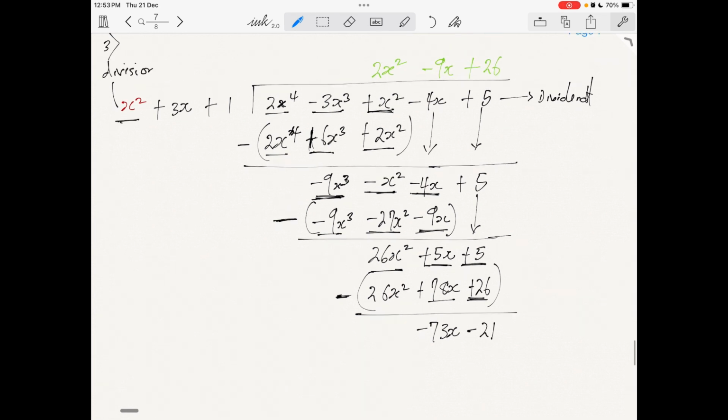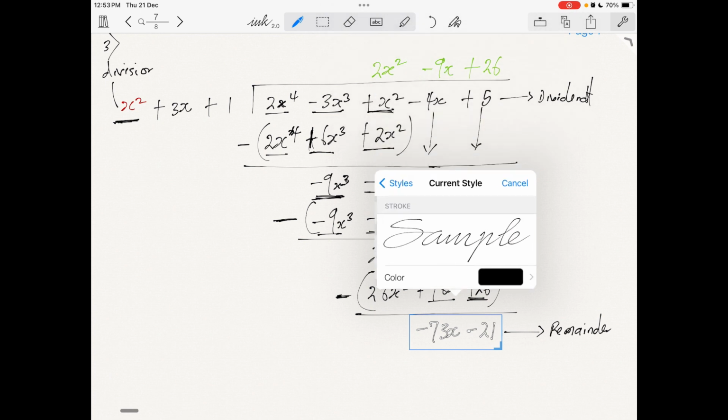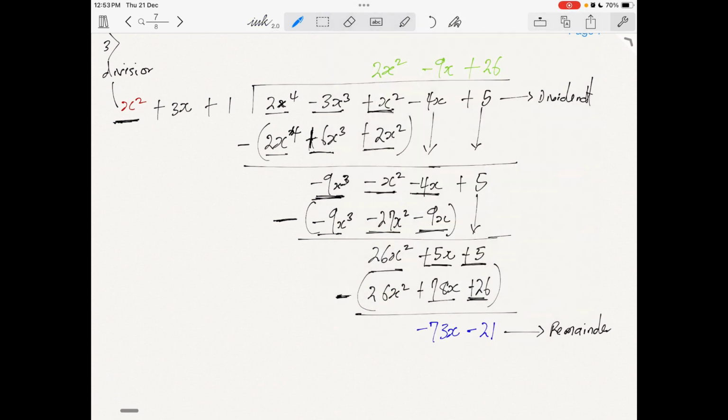Now we cannot go further, because minus 73x cannot be divided by x squared. So this is where we stop the division process, and this is what we call our remainder, which we can label blue, and this is what we call our quotient.